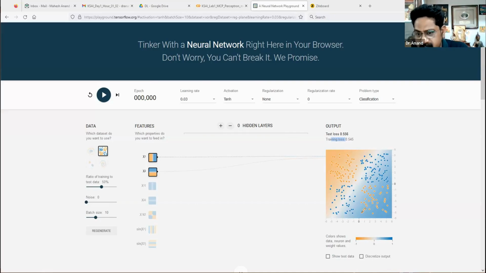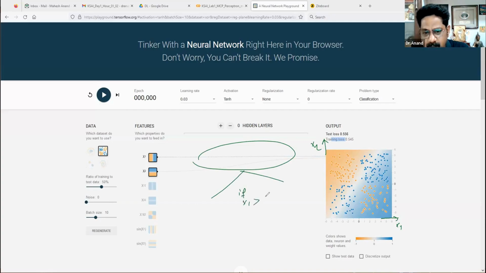What is the idea behind the decision tree? Your decision tree will try to split the record. Say, for example, this is the X1 feature, this is the X2 feature. In the root node, all the records are there. First, it will split the records based on whether the X1 feature is above this threshold. Say, let us choose some threshold over here. All the records above come to this side.